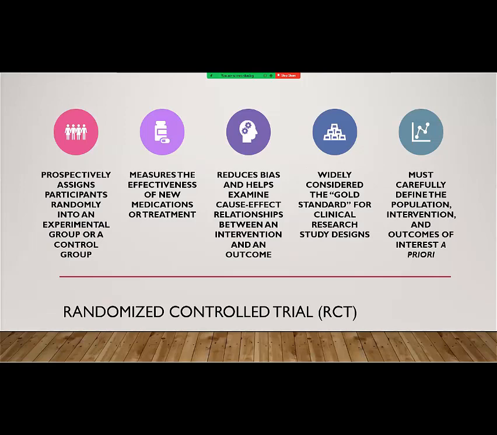And we want to, in a randomized control trial, measure the efficacy of the new medications or the intervention. And the randomization actually helps to reduce bias. And that's one of the biggest reasons why, is to reduce bias and to be able to examine cause-effect relationships between what you're doing, your intervention or your medication, and the outcome.